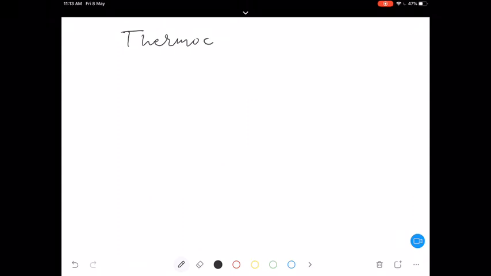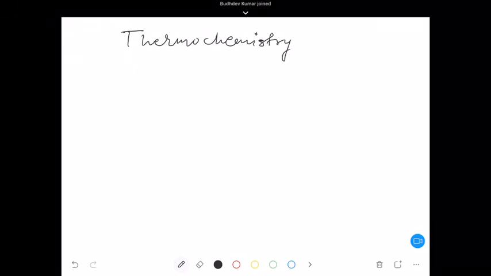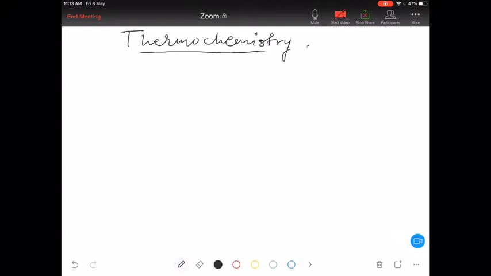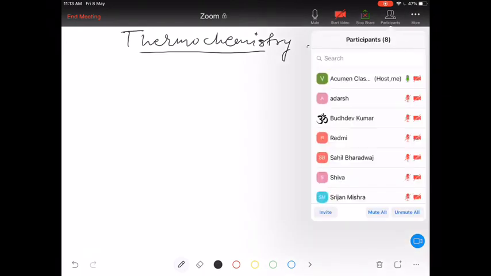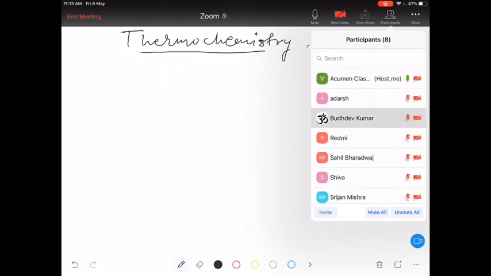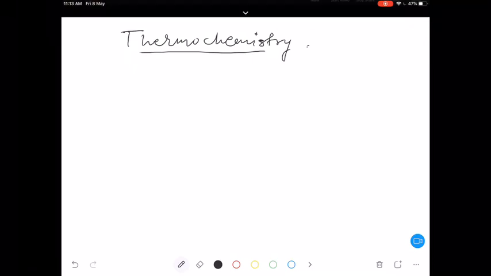Here, the thermodynamics associated with chemical reactions. Okay, now here we will talk about different types of enthalpy change at different conditions.